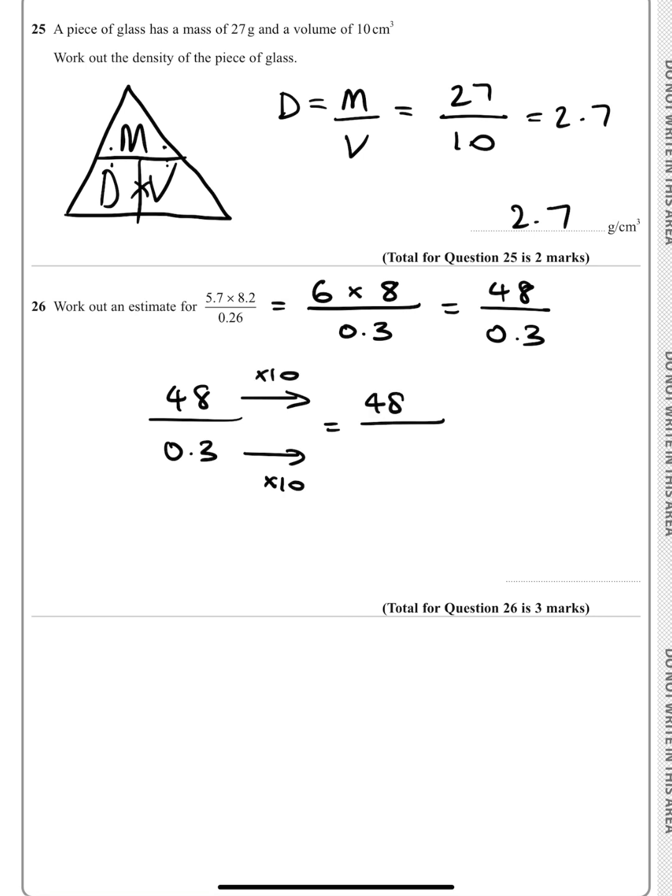So I'd get 480 divided by 3. And so 480 divided by 3 gives me 160. This is actually the same answer as 48 divided by 0.3. It does not change. So the answer is 160 as an estimate.